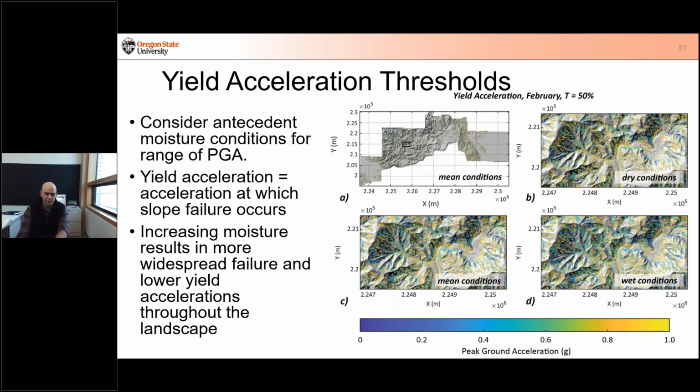And through this suite of analyses, we can start to develop maps of yield acceleration on a landscape scale, just as a first order estimate. We can see as we go from dry to wet conditions, well, we go from yellow, very unreasonably large accelerations, to start going more green and blue, more reasonable accelerations, at least for what's expected from the Cascadia subduction zone rupture.